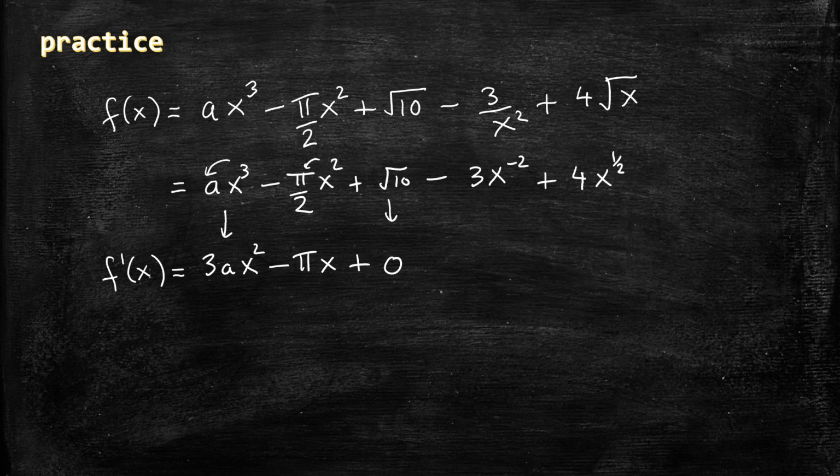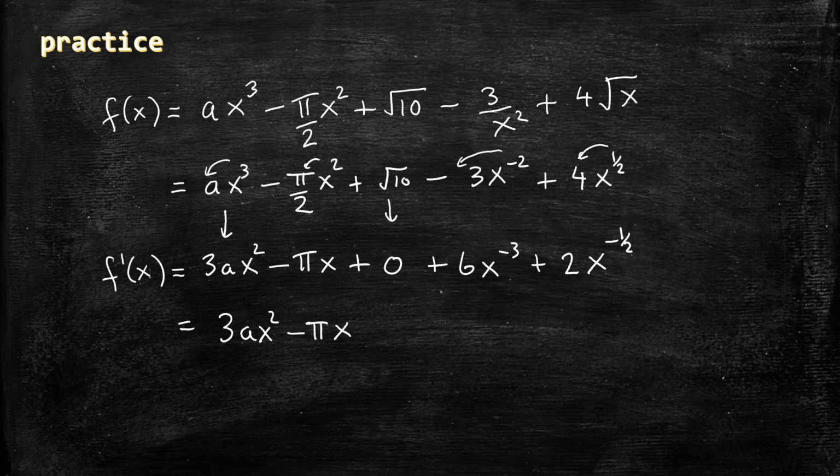Here the negative 2 will pop down and multiply by negative 3 to make plus 6x to the minus 3. And then the half will pop down and cancel with the 4 to make 2x to the minus half. Now, it's important sometimes to rewrite the derivative in the same form that the function appeared.